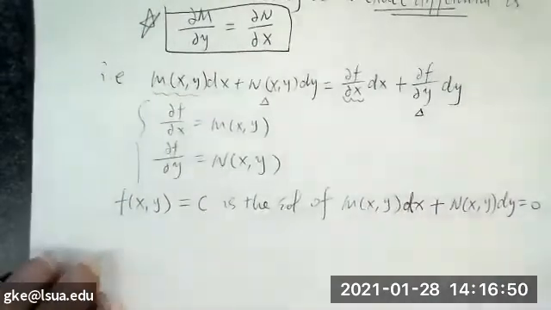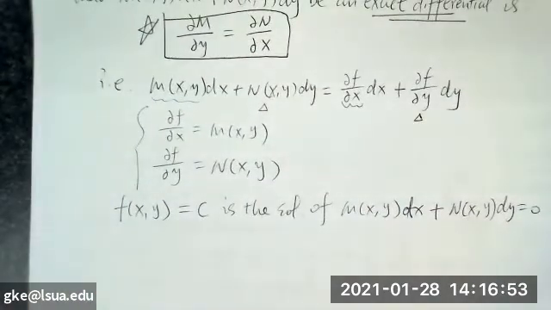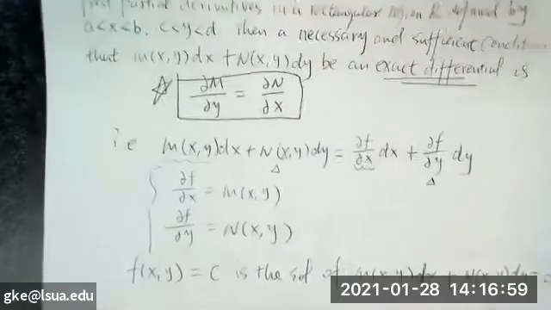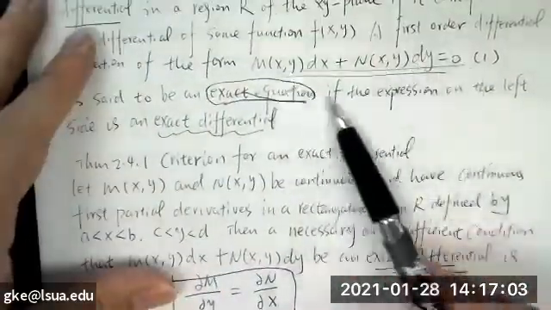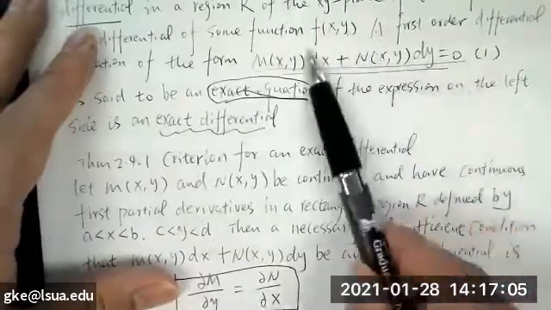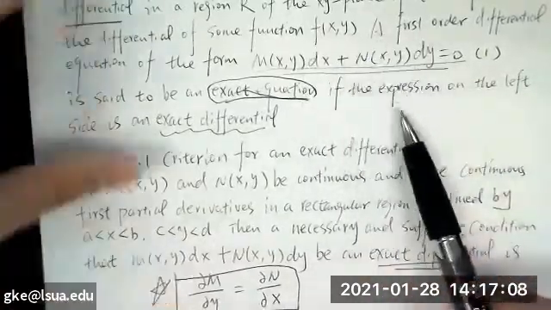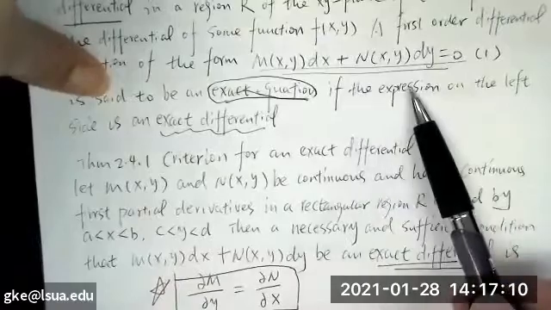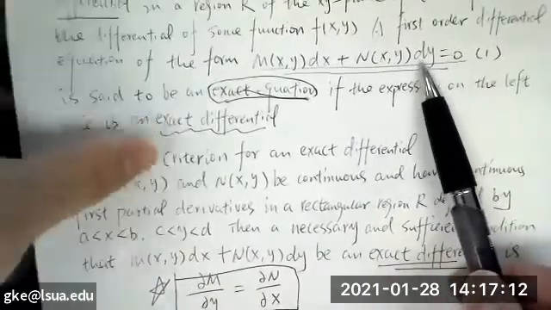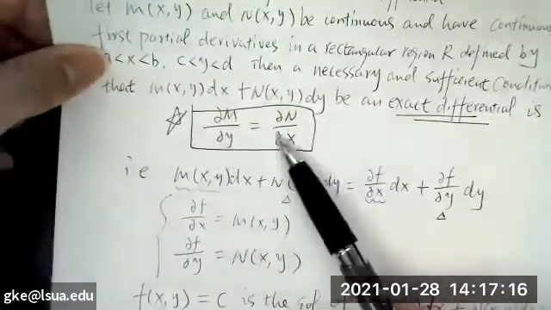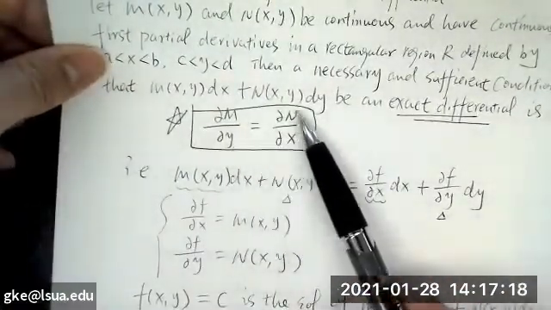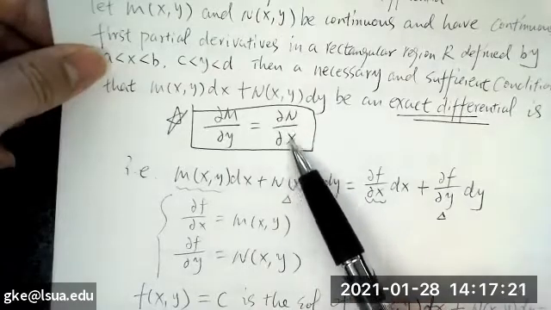Okay, so there are several things needed to address before we solve this exact equation. The first step, you need to check whether this is an exact equation. How to check? Just check this condition: partial M over partial y equals partial N over partial x.